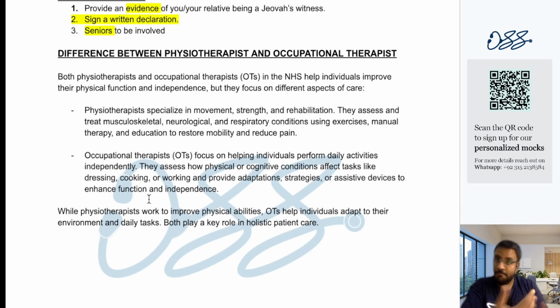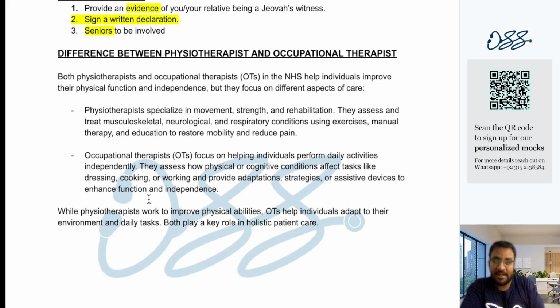They may get involved in your occupation as well. They may give you occupational advice, for example, you had a surgery, you had a hernia repaired, so we would like to tell you that you cannot lift heavy weights. The occupational therapist is going to be there with you and help you in the adjustment you need to make in your work.